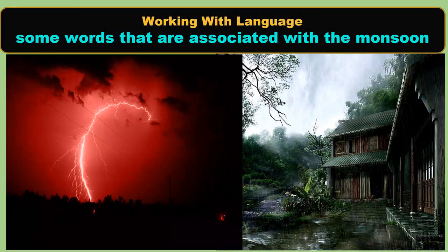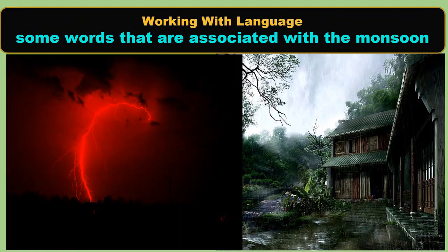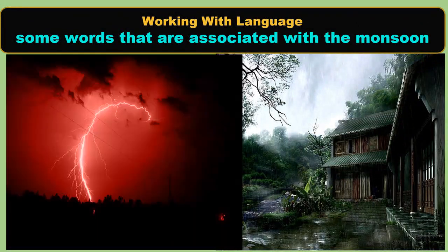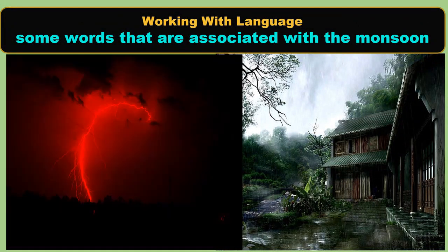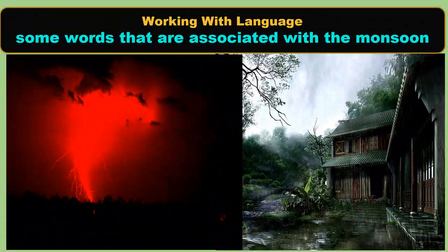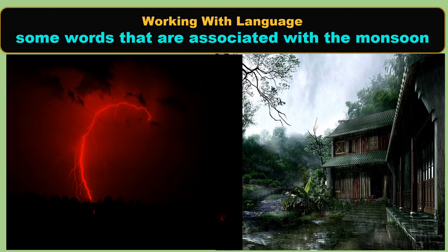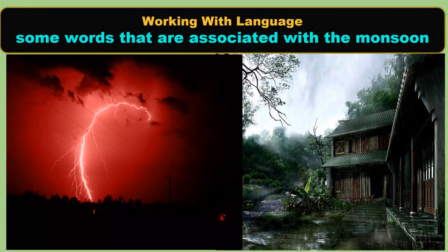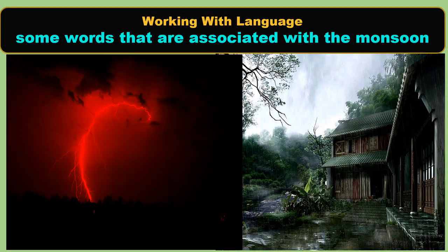What do you find on the left? You can see some thunder and lightning, right? And on the other side you can see a bit of rain drizzling, and you can find the mist. And what else can you find? Right. Now let's see the words.